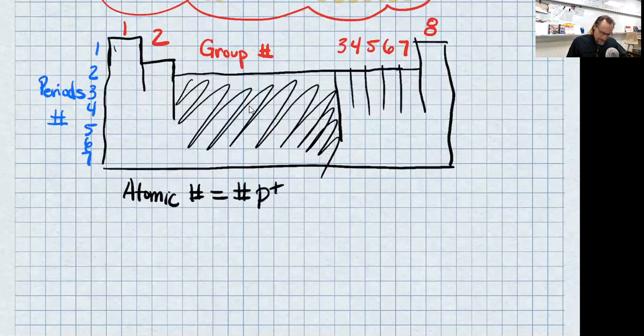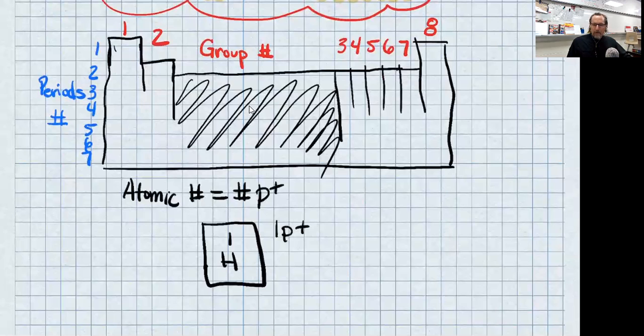And so if I have an example here, say, of hydrogen, which has an atomic number of 1, that means it has 1 proton. And if it's a neutral atom, it also has 1 electron.